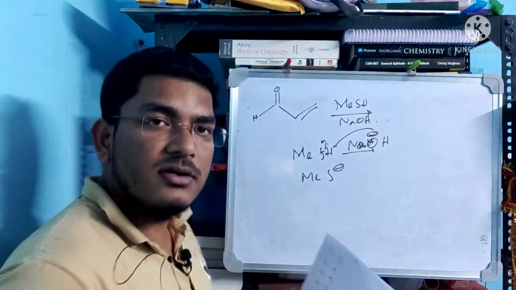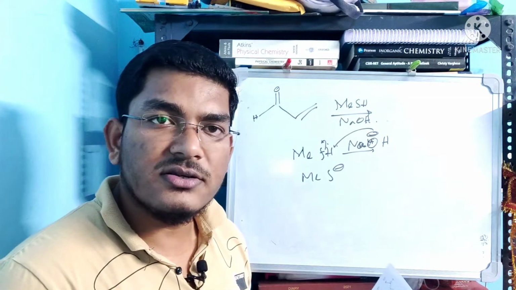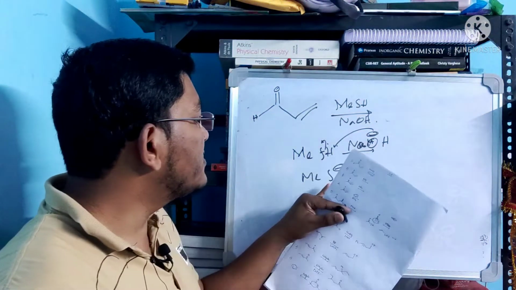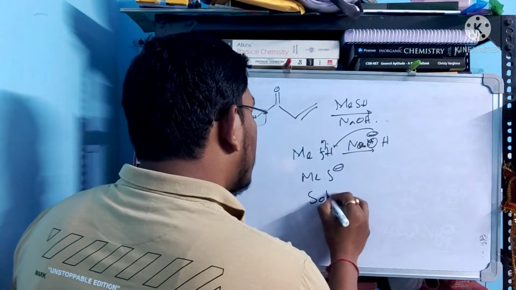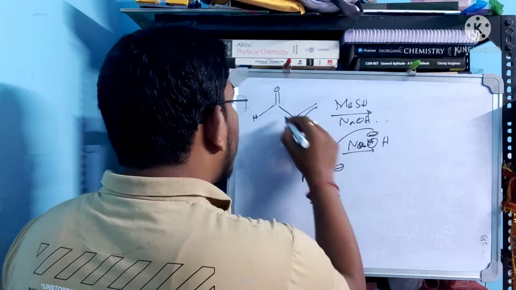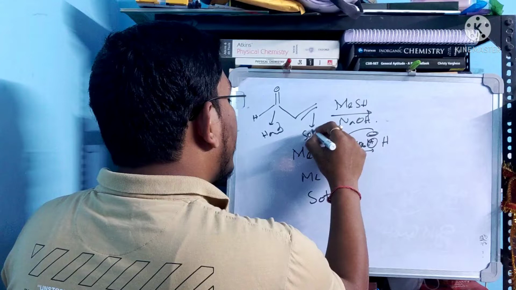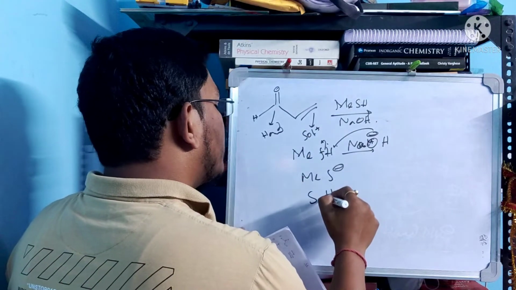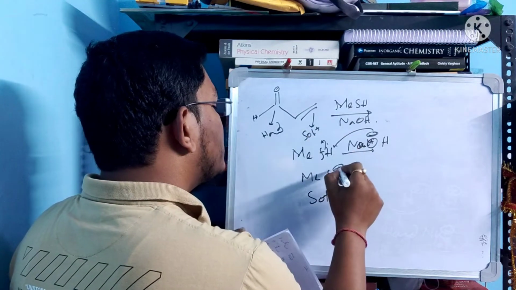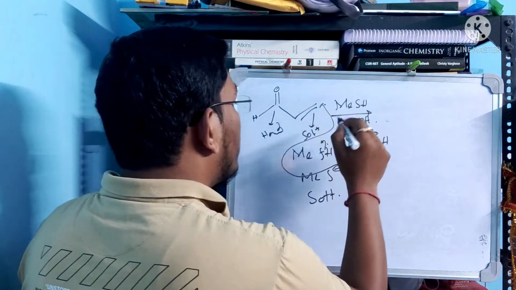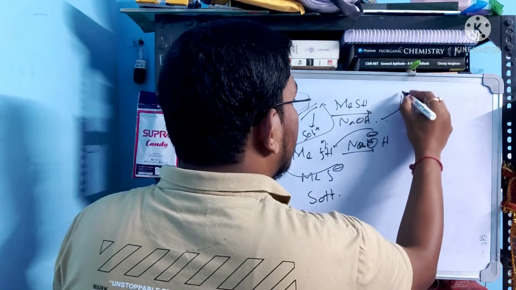Sulfur is of bigger size, charge density is low, that means it will act as a softer nucleophile, and here this one is the hard center and this one is the soft center. According to the HSAB principle, a soft acid will prefer to bind with a soft base, that means 1,4 attack will take place.